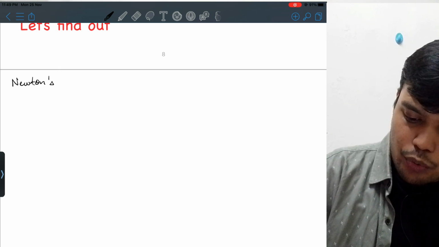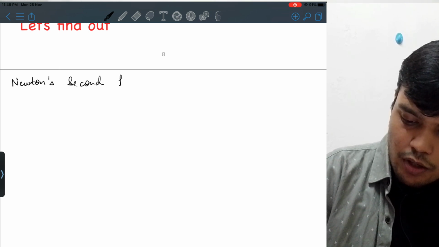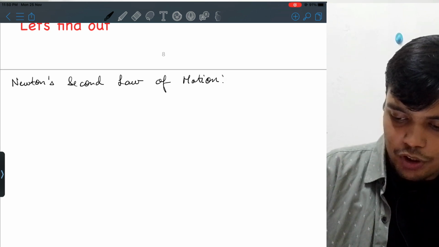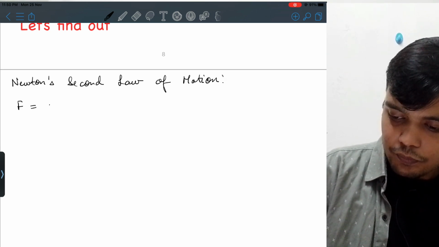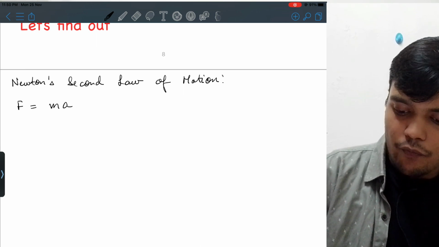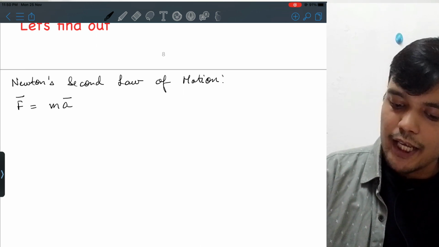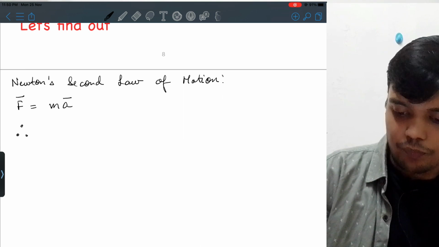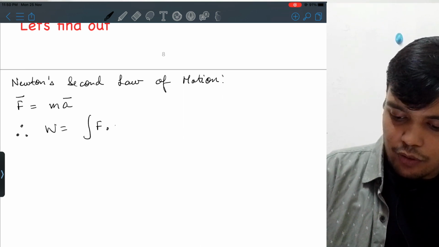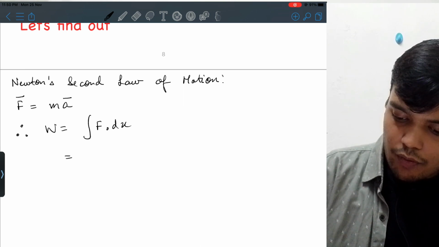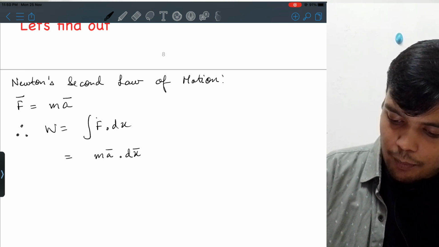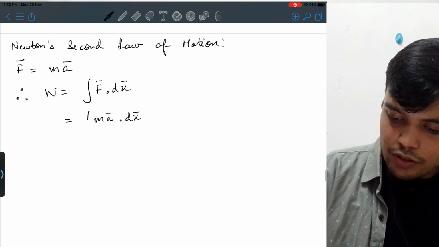According to Newton's second law of motion, F is equal to ma, where m represents mass and a represents acceleration. Therefore, work done is equal to F dot dx, which is equal to m a dot dx.